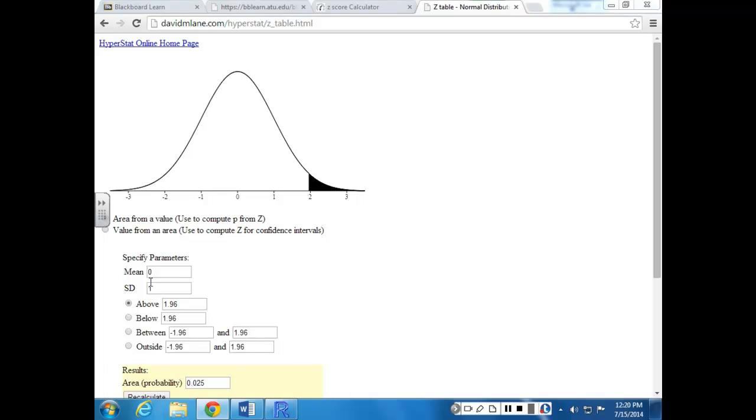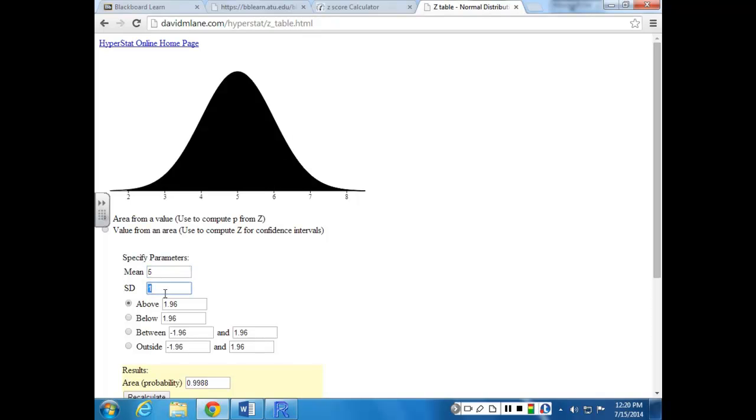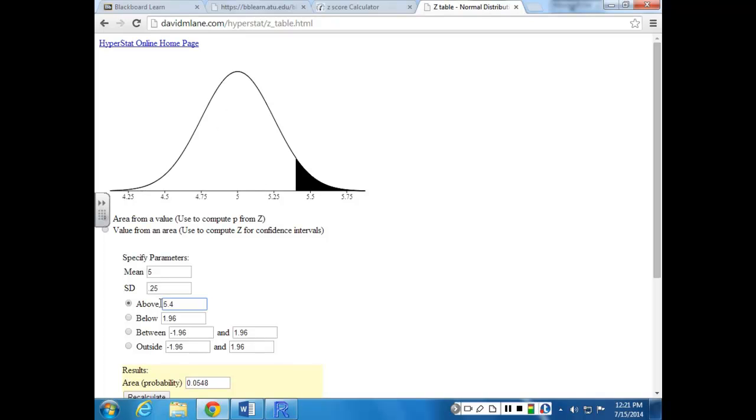But we will just go down here and put the mean, which was 5, and we will put the standard deviation, which was 0.25. And we want to know above, so I've got that checked, 5.4, and hit enter. And you'll see it shades the curve in. And down at the bottom here, the probability is 0.0548.